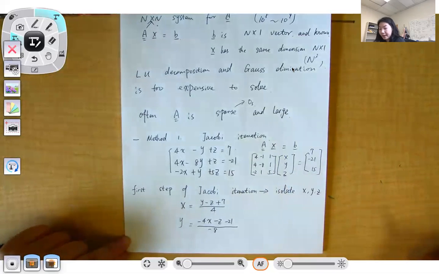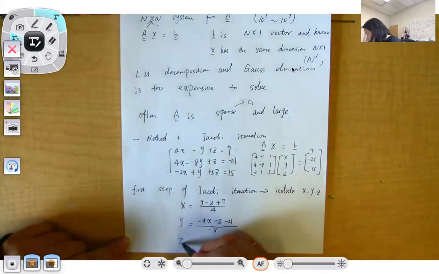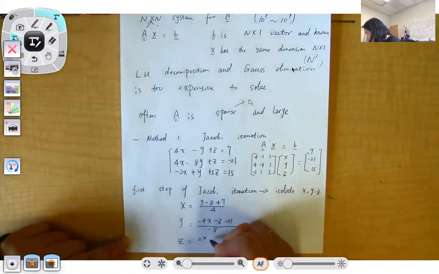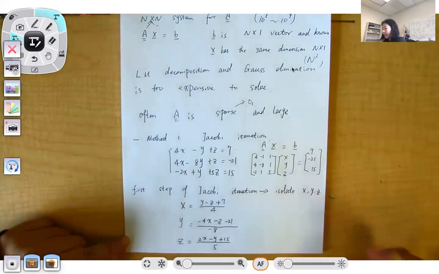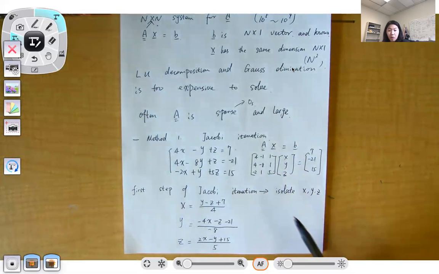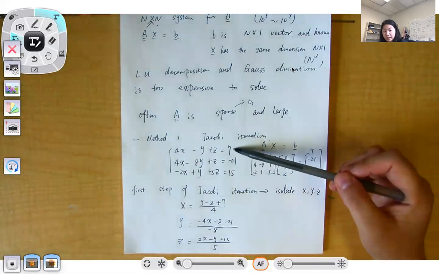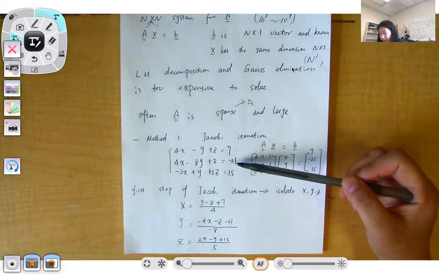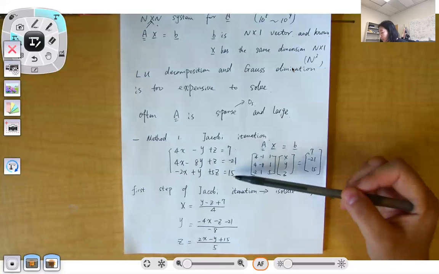This is your isolated y. The z will be 2x minus y plus 15, divided by 5. So the first step of the Jacobi iteration is trying to isolate x, y, z from each algebraic equation: isolated x from equation 1, isolated y from equation 2, and isolated z from equation 3.